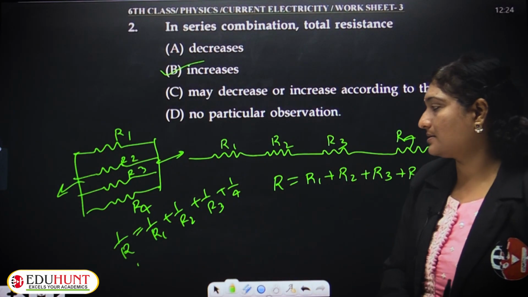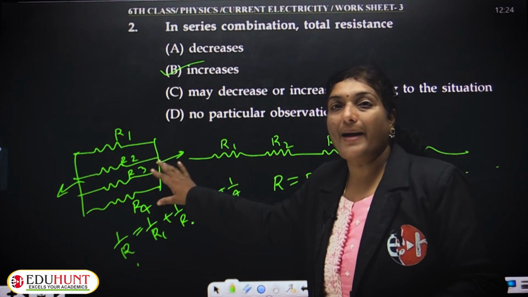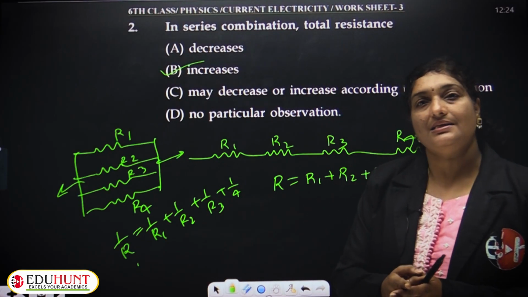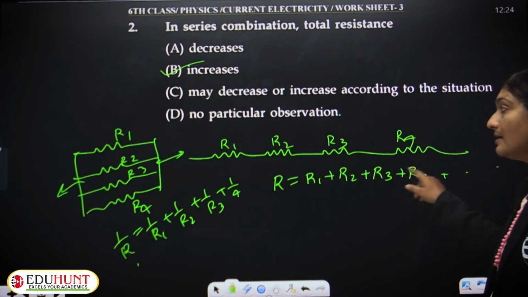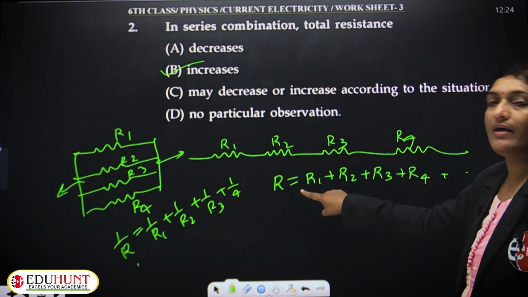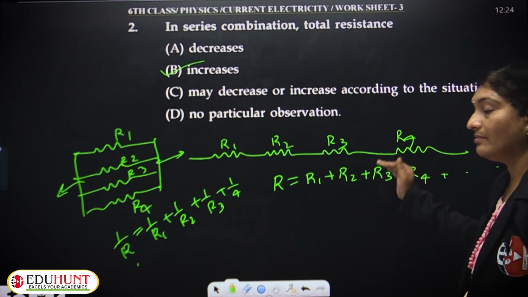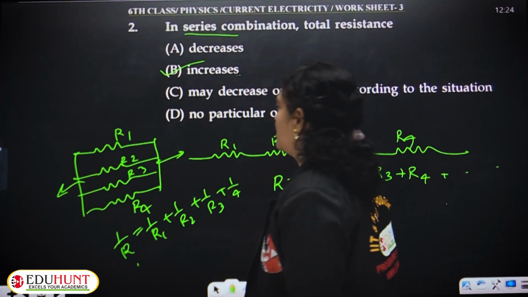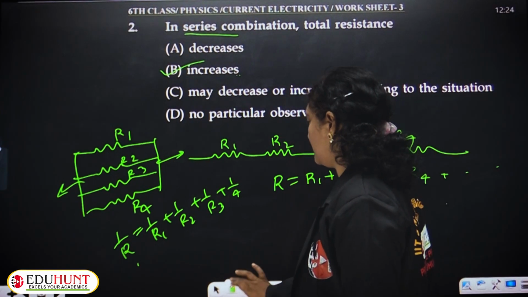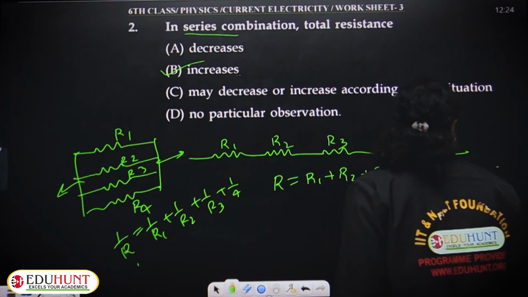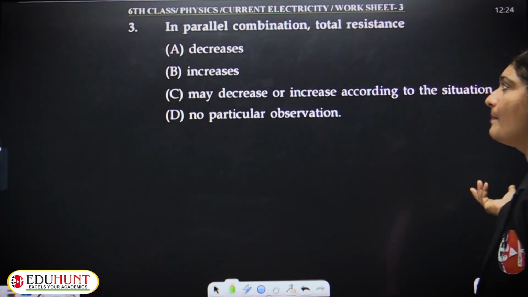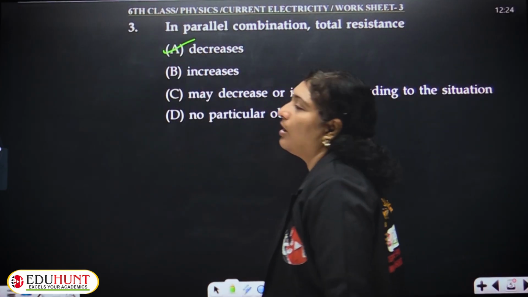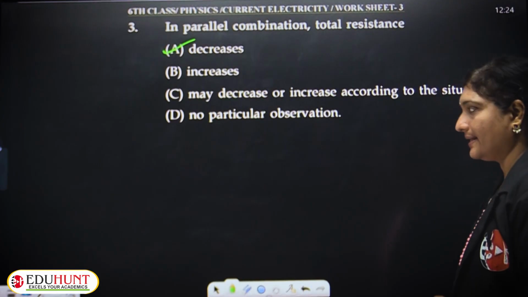Hence, during the parallel combination, the total resistance will be reduced, whereas in series combination, the total resistance will be increased. Is that okay, children? The next question, in parallel combination, the total resistance: just now we discussed that it will decrease.